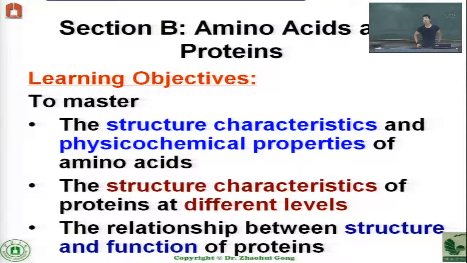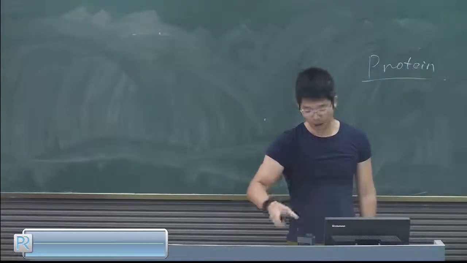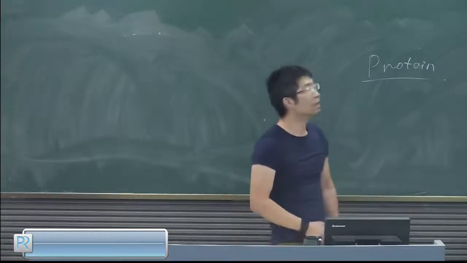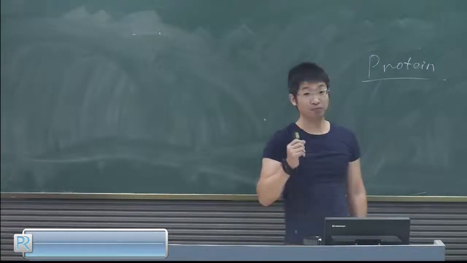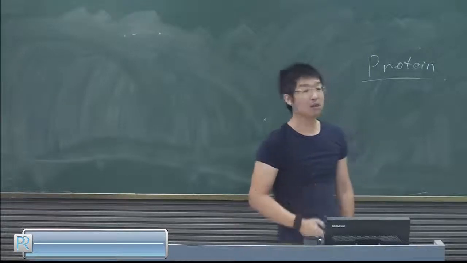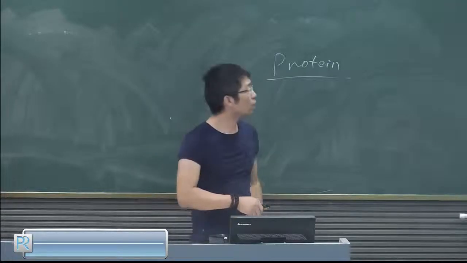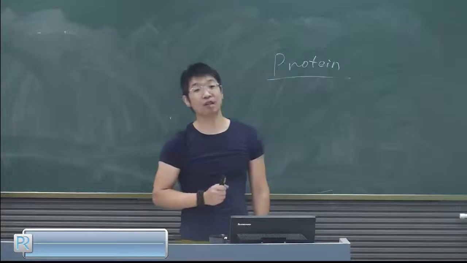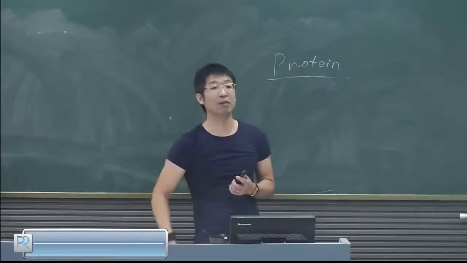In this section, we need to master the structure, characteristics, and the physical chemical properties of the amino acids. So the first main point is amino acids. The proteins are made of amino acids, right? The second goal is to understand the structural characteristics of proteins at different levels.